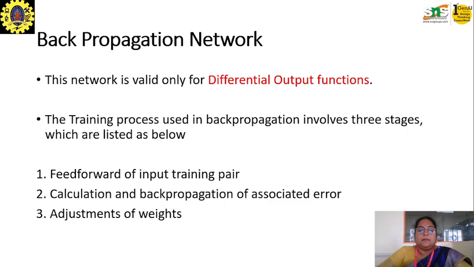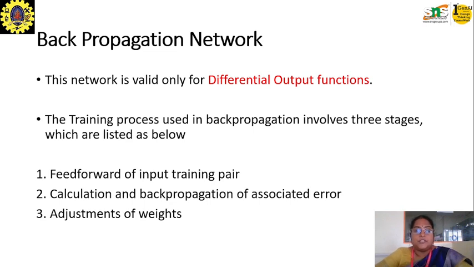Let me explain this network, the backpropagation network. This network is valid for different output functions. The training process used in backpropagation involves three stages. The first stage is the feed forward of the input training pair, which means that the input will be fed forward from one network layer to another network layer.